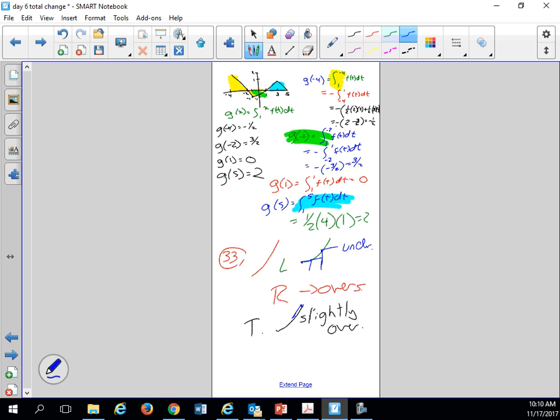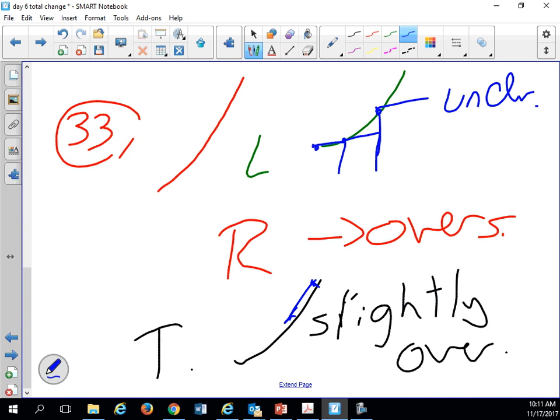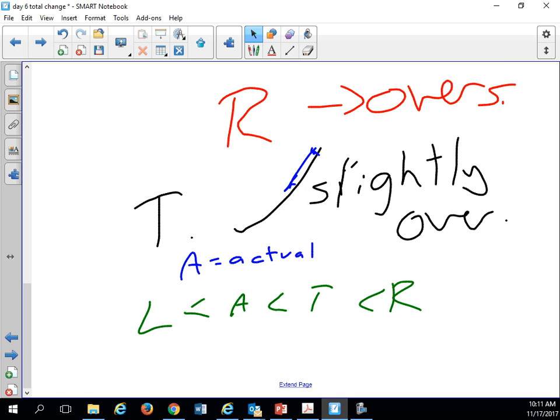That's why. That's going to be over. Slightly over, but it's over. And what do you have at midpoint? Oh, I'm sorry, then the other A is the actual, right? Right. Which means left is here, right is here, actual is here, and T is there.